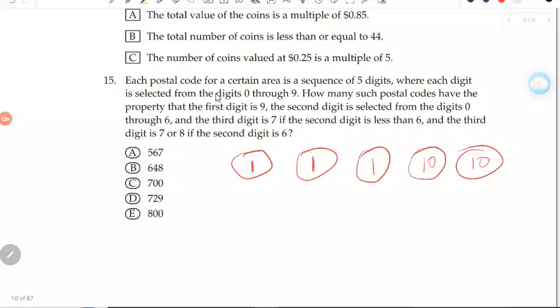One restriction is 9, only 9 can be somewhere, and the third digit is 7 or 8. Only 9, only 7 or 8. These are the main restrictions. So 1 times 1 times 2 times 1 times 1 times 2 times 10.